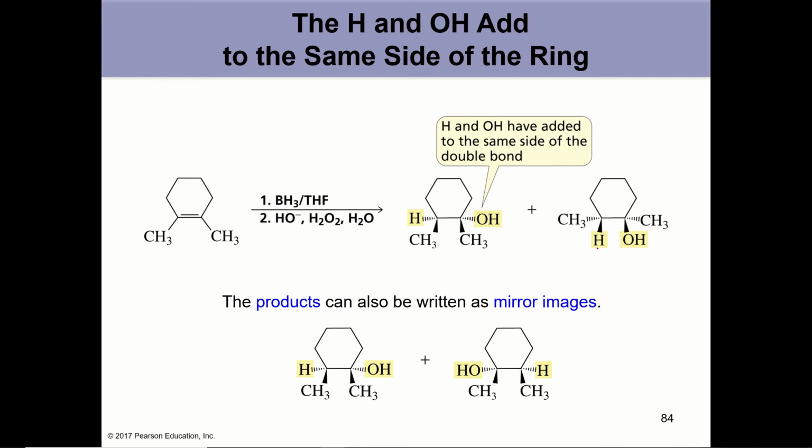And when they add above, hydrogen and OH will both be on solid wedges. And so we have a pair of enantiomers. And we're not going to create a set of 4 diastereomers, because if we only have SYN addition, then we'll only create a pair of enantiomers. If we have both SYN and anti-addition, then we can create all 4 diastereomers. But since this is only SYN addition, we can only create one pair.